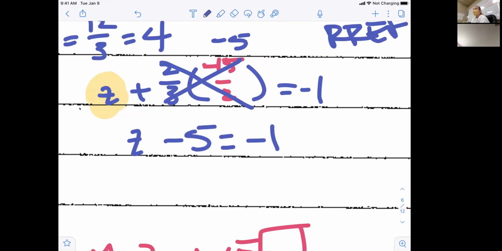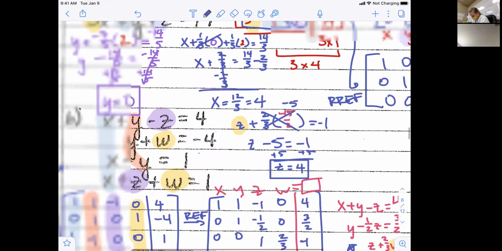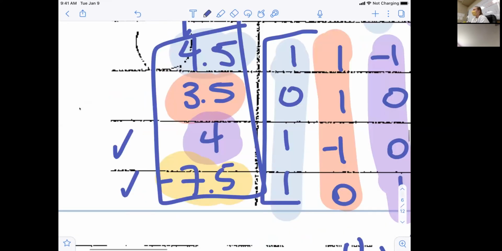It worked out to a whole number, so it's okay. Add 5 to both sides, and I get z equals 4. Is that what I thought z should equal? Yeah, nice. That's what was over here. Okay, so 4 looks good. Negative 7.5 is the same thing as negative 15 over 2, so those are good.